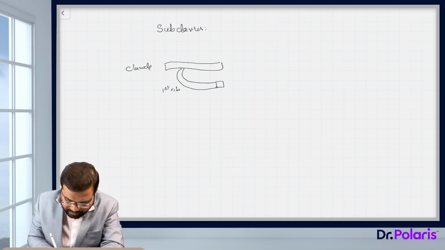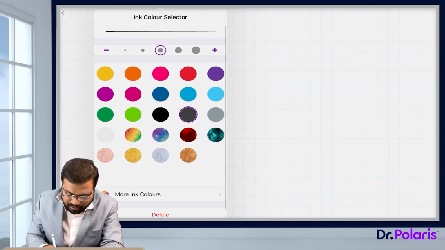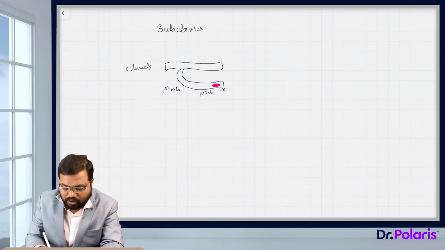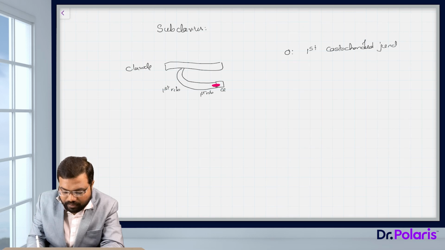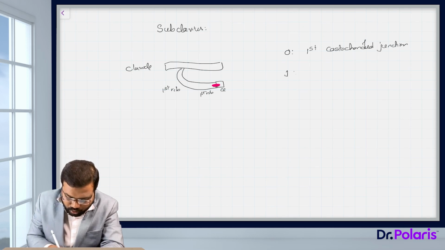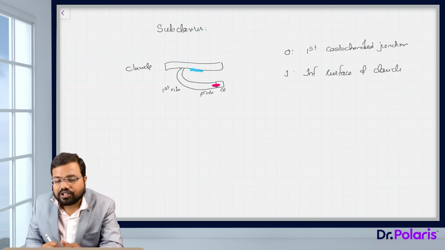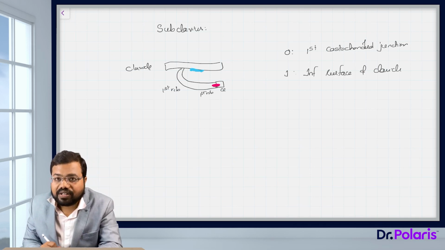The origin of subclavius is at the first costochondral junction, and the fibers go and insert on the inferior surface of the clavicle. So origin is the first costochondral junction, and from there it extends upward towards the inferior surface of the clavicle.